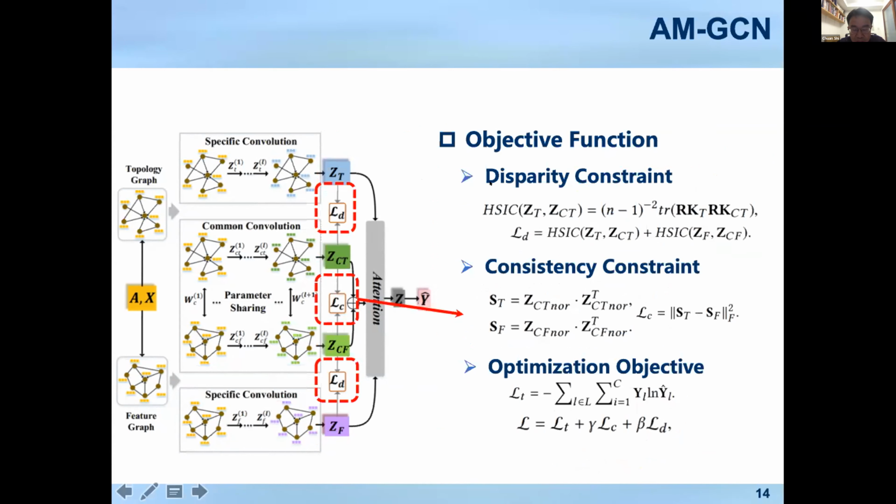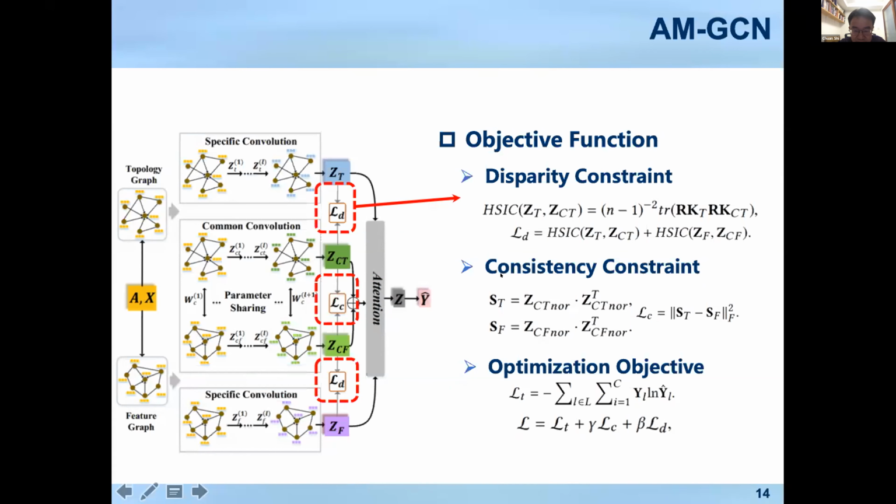In addition, we also designed two regularization terms to constrain the learning process. The disparity constraint makes the specific embedding and common embedding independent with HSIC.